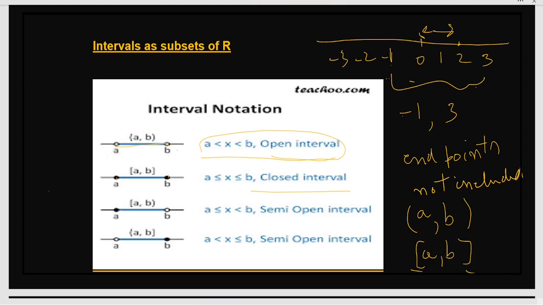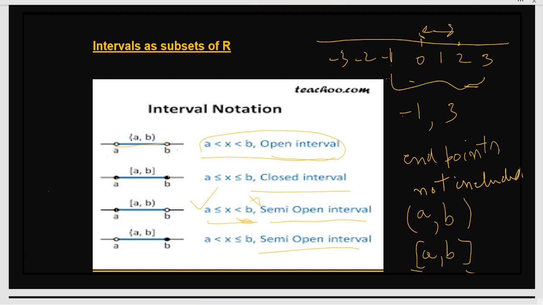Now here are semi-open intervals. In the first, the first point is included and the last point is not included. In that case, we'll write the set of x such that A is less than or equal to x and x is less than B. That means B is clearly not included and A is included.